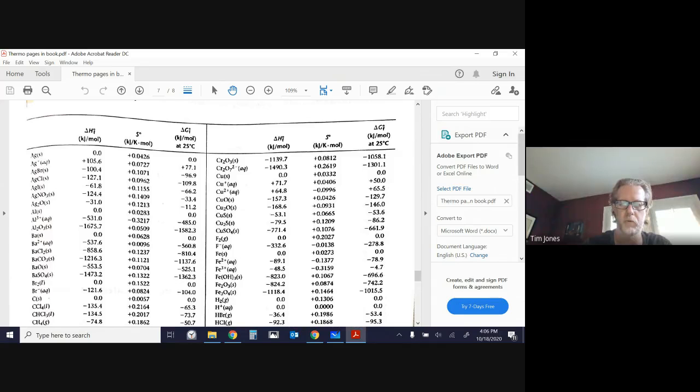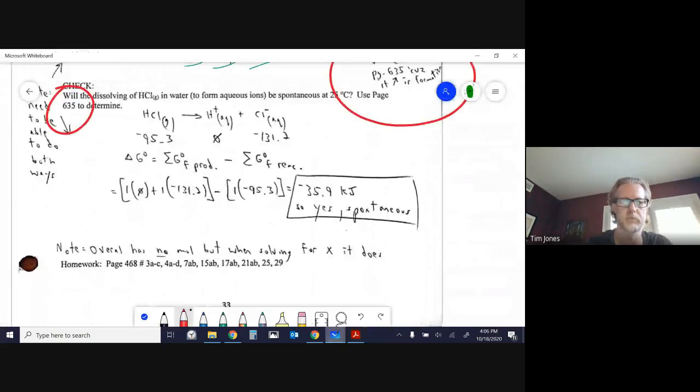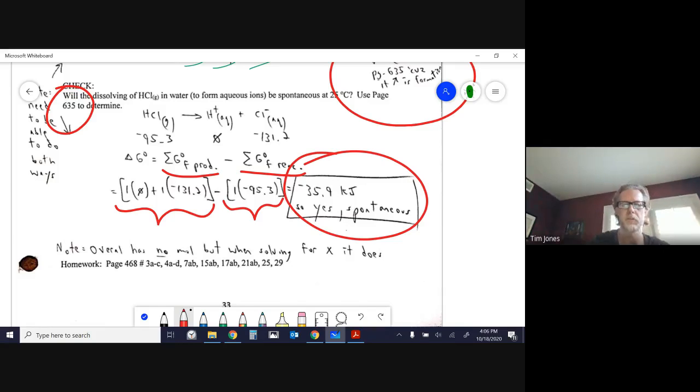So back to the problem, which references this table. Again, products minus reactants, or final minus initial if you prefer that. Here are my products. Here are my reactants. Go through the process and you get this, which means yes, it is, again, you're looking at my old notes.